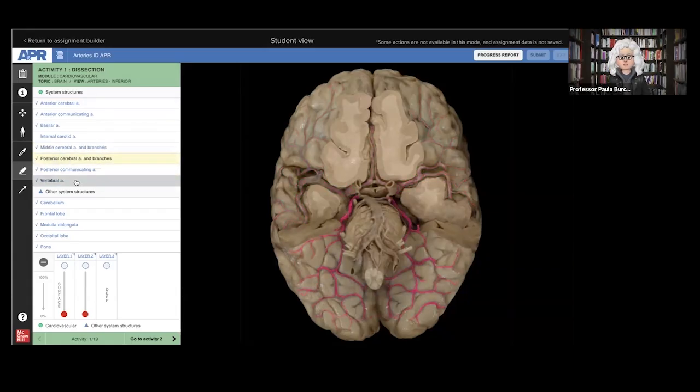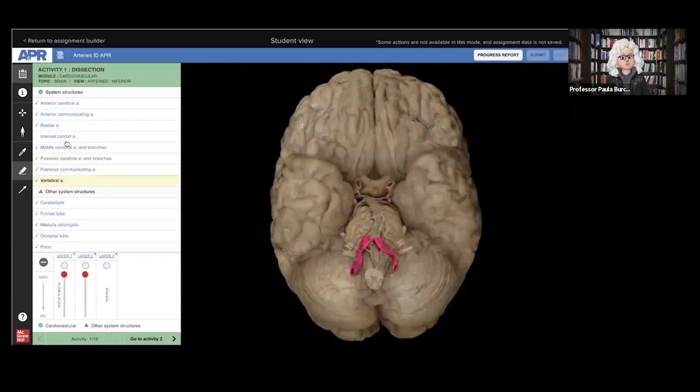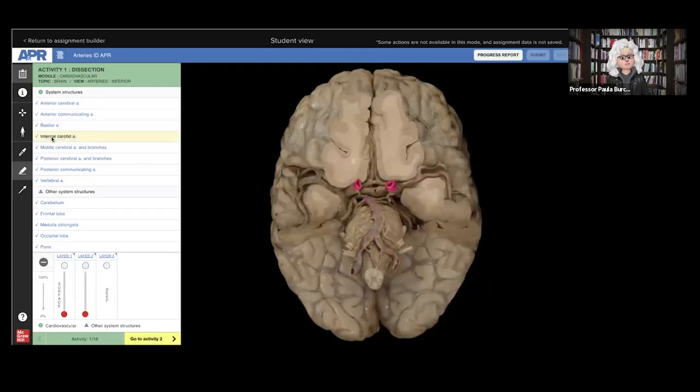Now let's go back. Remember, I said that blood is being taken to the brain by the vertebral arteries into the basilar arteries, and then we're going to feed into the circle of Willis. You also have another set of arteries that are feeding the brain, and those arteries are the internal carotid arteries.